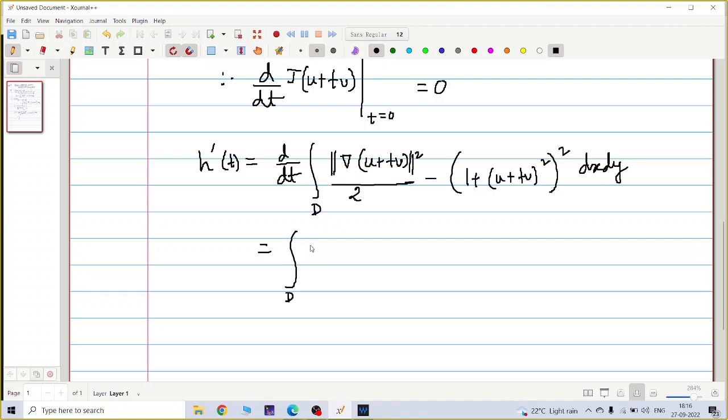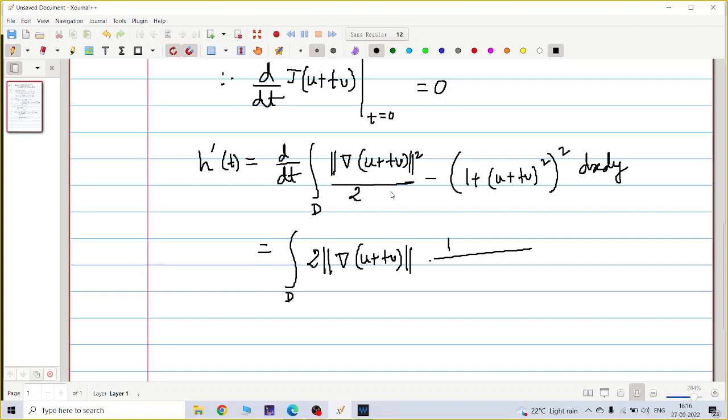So the derivative is just 2 into minus. Grad means square root of. Grad square means the partial derivative with respect to x of this function u plus t v, squared, plus the partial derivative of u plus t v with respect to y, squared.